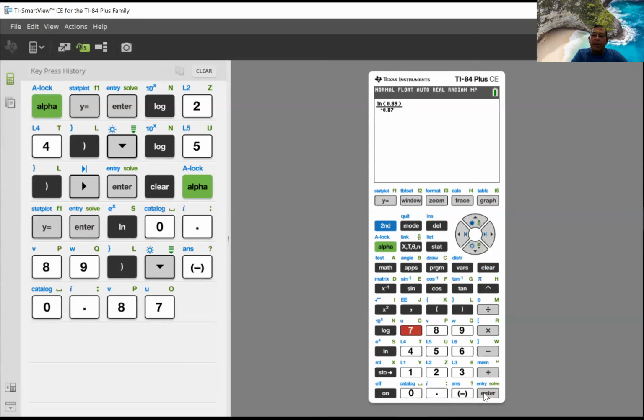Hitting enter, we get that t is approximately 0.133. Let's see, the 9 has a 4 after it, so the 9 will stay a 9. So that'll be 0.1339.